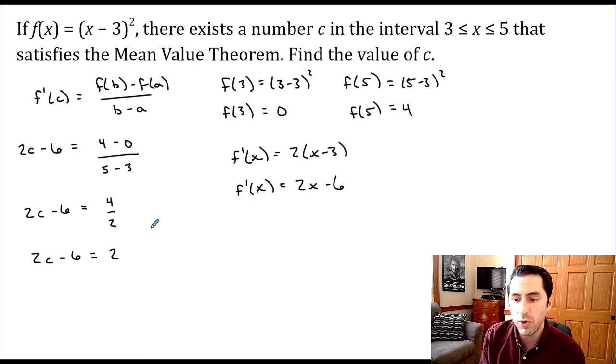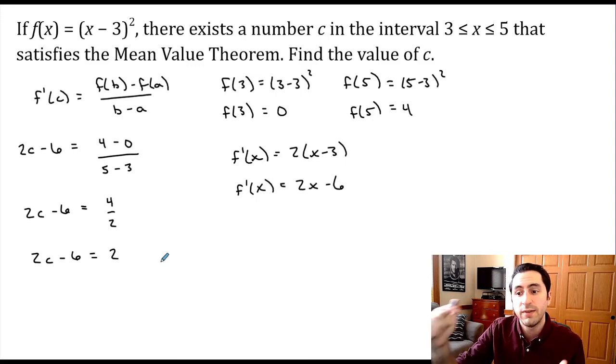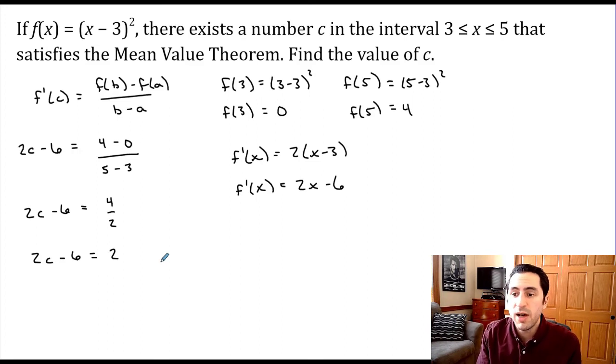Now, before we keep going, taking a look at this right-hand side of the equation, it simplifies down to 2. So that means that the slope of this secant line between 3 and 5 is equal to 2. The mean value theorem tells us that there's going to be another point c somewhere in between 3 and 5 that's going to have that same slope. The tangent line will also have a slope of 2.